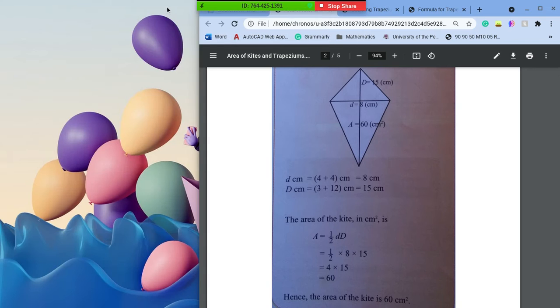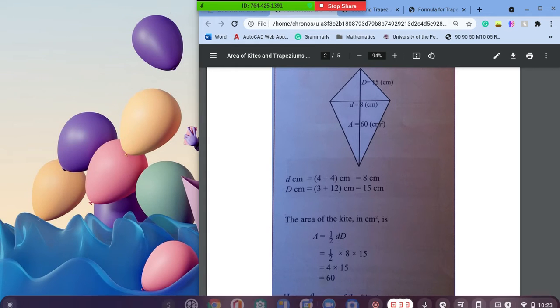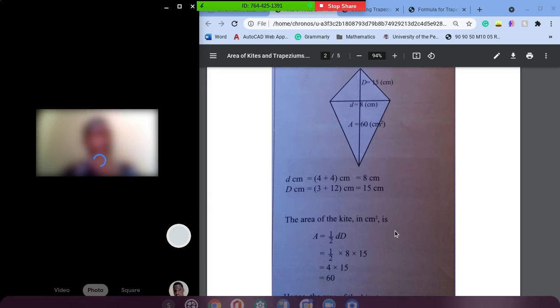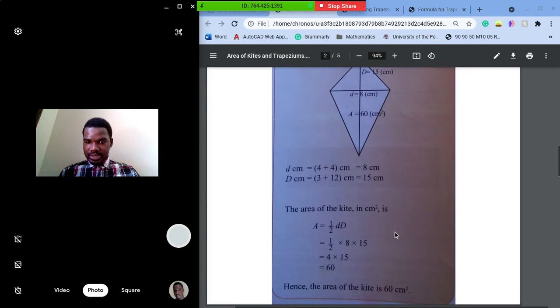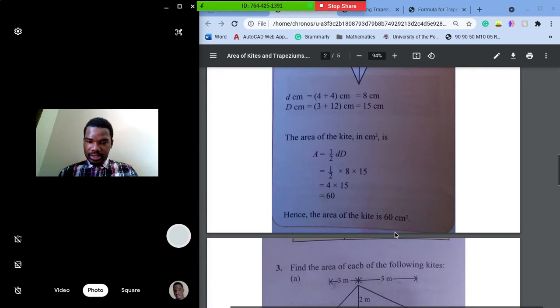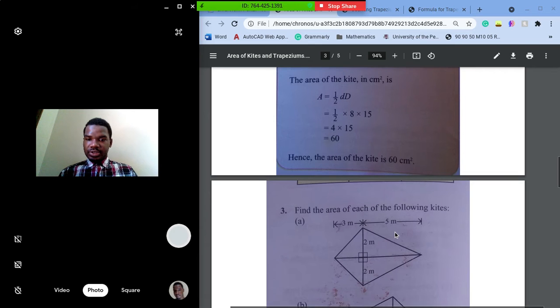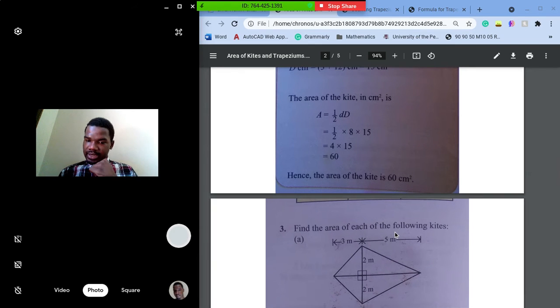Alright, one more minute. So, this diagram now is on its side. So you can take a picture of the kite if you didn't get to draw it off. This diagram is on its side, right? So you're gonna now find the area of this kite that's on its side.